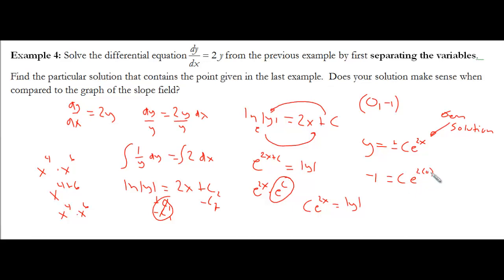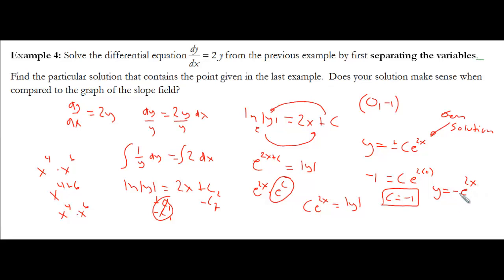So e to the 0 is simply 1, so c is equal to -1. All right, so if c is -1, now we can go back here and write our particular solution. And our particular solution is going to be y equals negative e to the 2x.